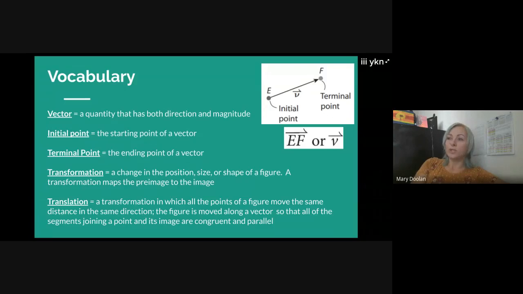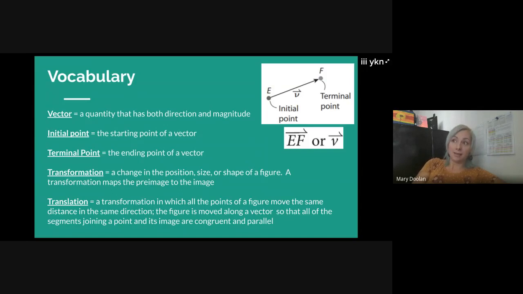So with translations, we can actually describe them with vectors, okay? Some vocabulary that's important for this lesson is a vector, which is a quantity that has both direction and magnitude. That is a picture of a vector there, going from point E up to point F. It has direction because there's an arrow on one side, and it has magnitude.